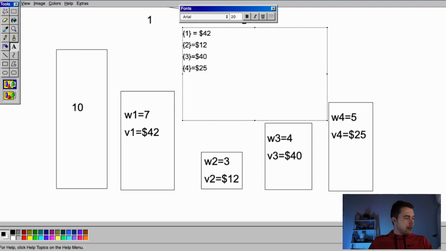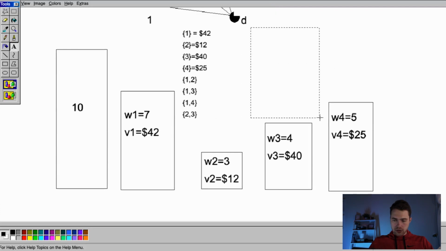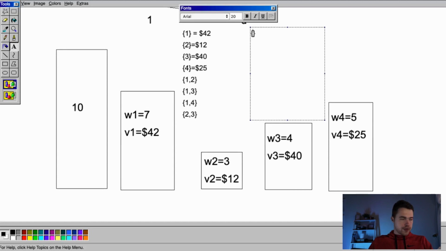Now I can think about different combinations. What if I steal 1 and 2? What if I steal 1, 3? 1, 4? 2, 3? 2, 4? 3, 4?